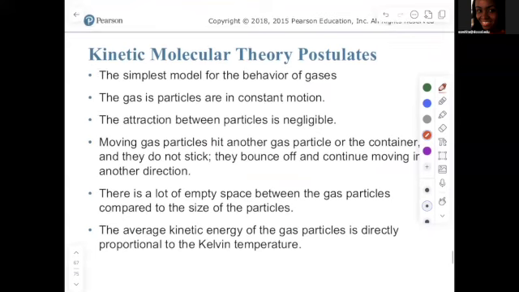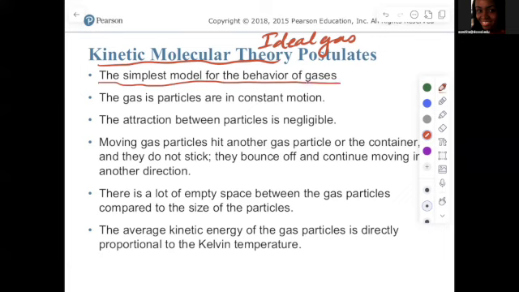Then we're moving on to the kinetic molecular theory of gases. The postulates are, by the way, describing the ideal gas, the ideal gas that goes with the ideal gas law. This is the simplest model for the behavior of gases, talking about gases as particles in constant motion. The gas particles are very tiny, they travel in straight lines, and the attraction between the particles is negligible.